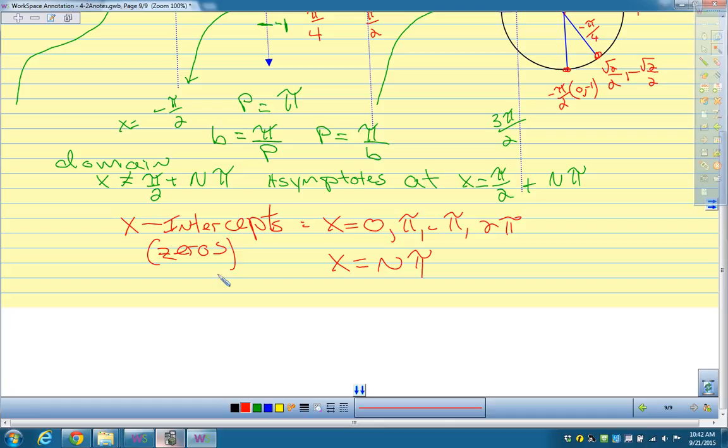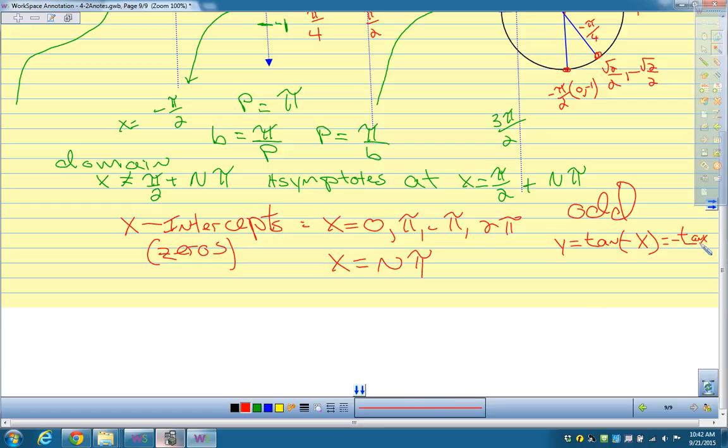And what else do I have to tell you about that? Asymptotes, graph. The other thing about tangent, it is odd. Odd, not meaning weird or anything like that, but odd means that y equals tangent of negative x is equal to negative tangent of positive x. Can you see that?